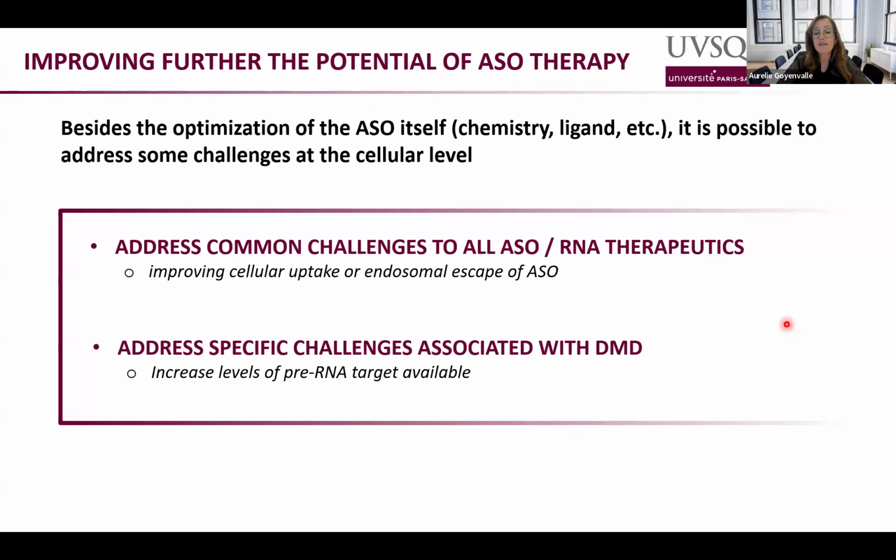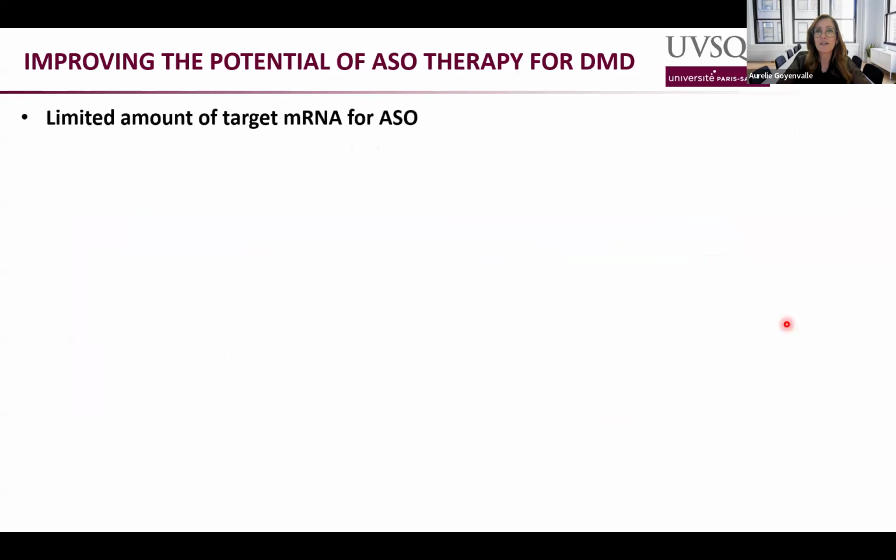And one of them is the limited amount of pre-mRNA target that is available in Duchenne. In the specific context of the exon-skipping therapy, this challenge is maybe less recognized than the others, but there's actually a very limited amount of target mRNA.